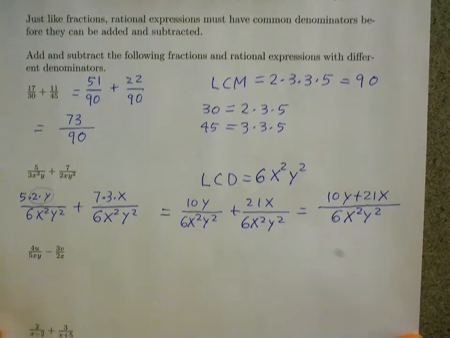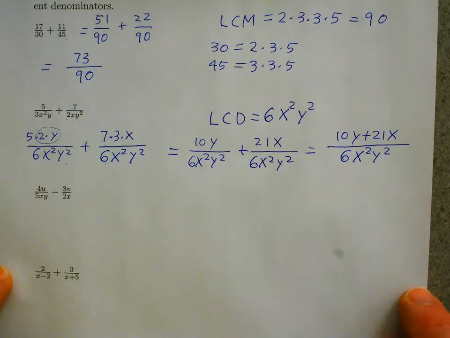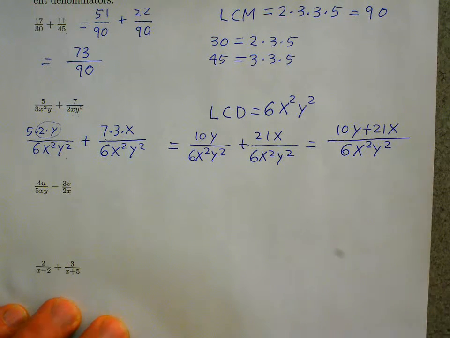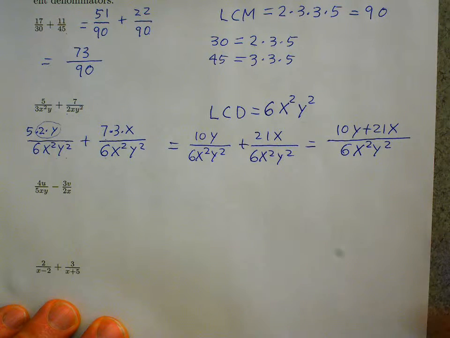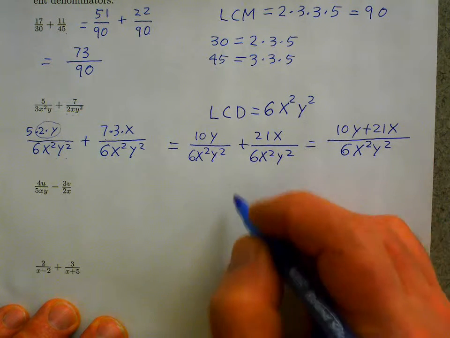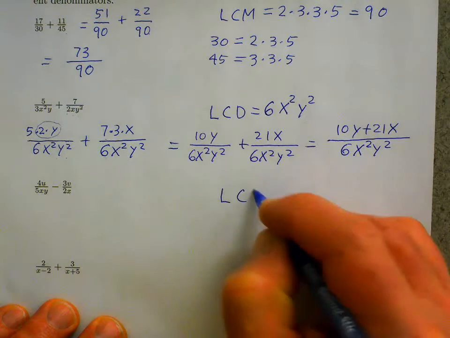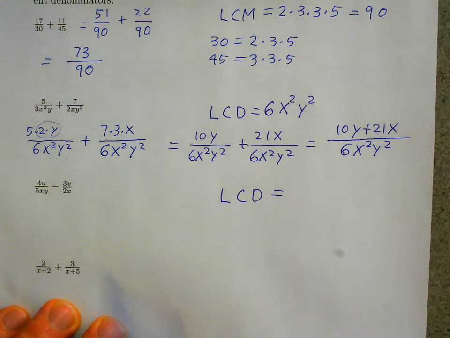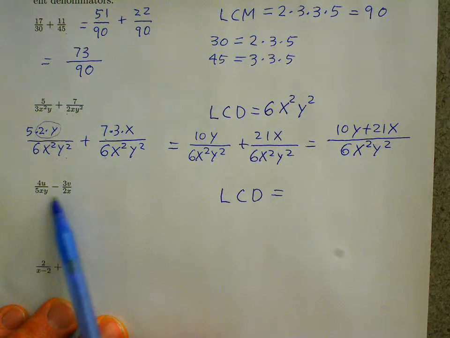Okay, when subtracting, we still have to have common denominators. The two denominators are 5xy for one and 2x for the other. So the least common denominator must have a factor of 5 and a factor of 2, so 5 times 2.